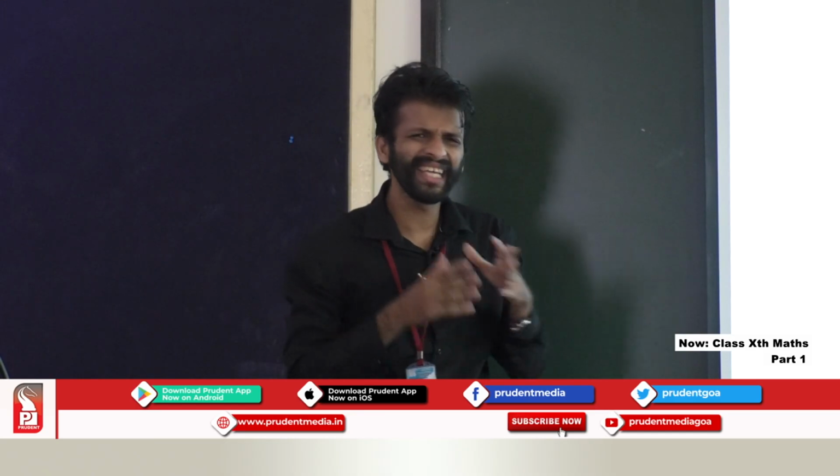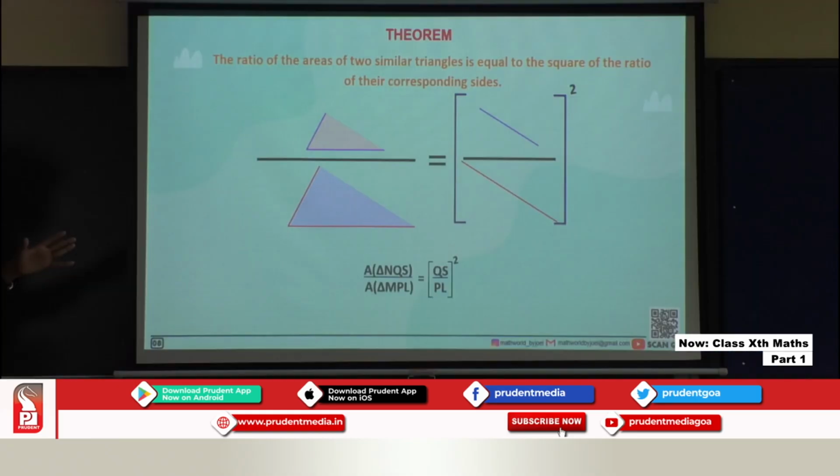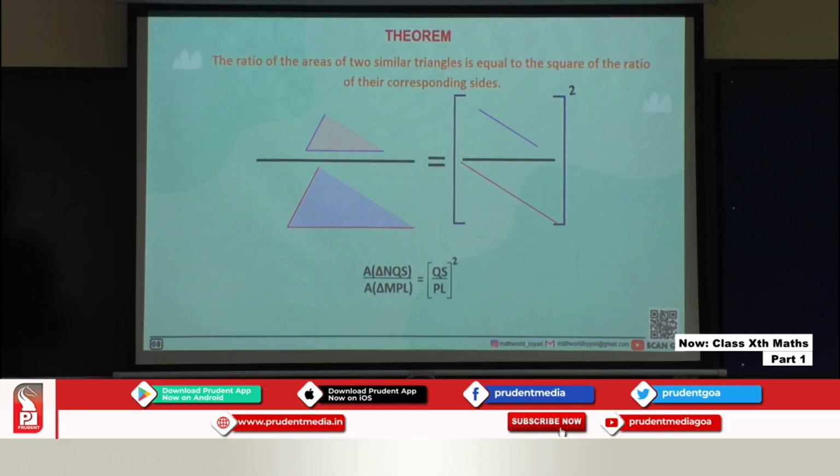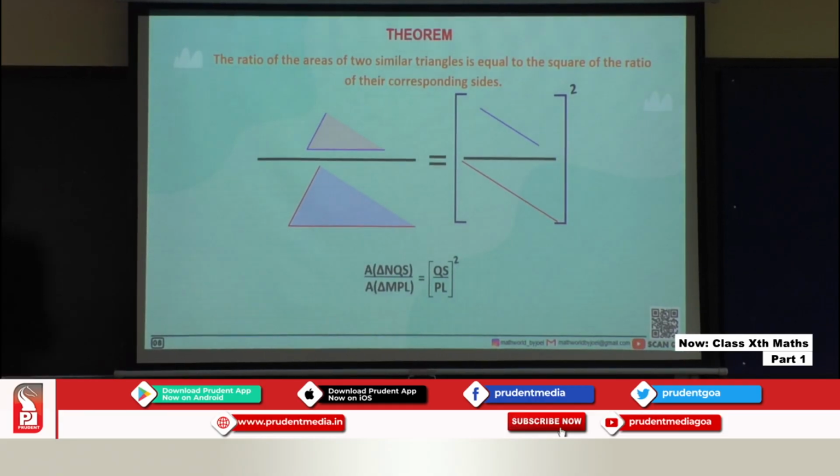Now what exactly is it trying to tell us? Just for an example, I take the area of triangle NQS, put it on the calculator and divide it by the area of the other triangle. After dividing, if the numbers are very complicated, I might get some numbers in decimals. Now that answer is equal to what?